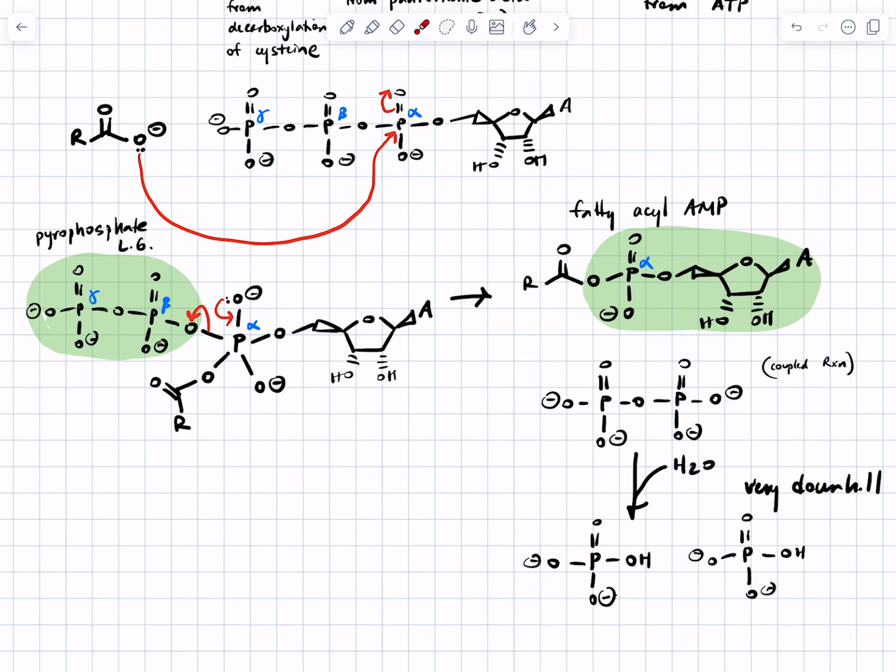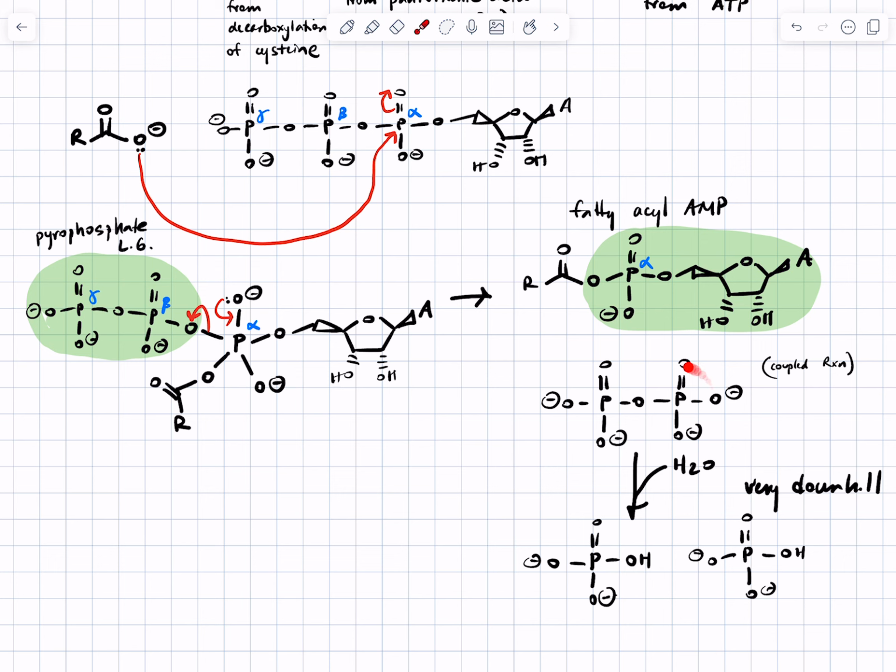Another thing that happens downstream is that the pyrophosphate leaving group gets hydrolyzed from pyrophosphate to 2 phosphate groups. You're breaking a phosphoanhydride bond, and you're making the phosphate groups, which are at about the same level of reactivity as a carboxylate.